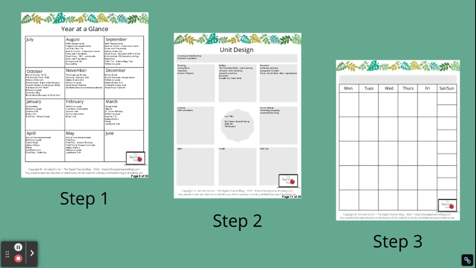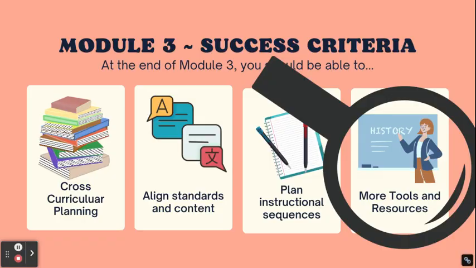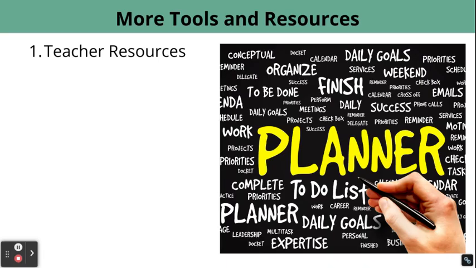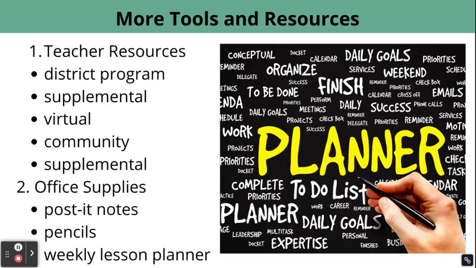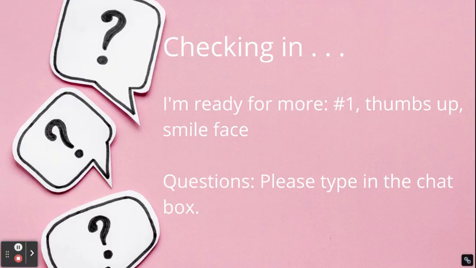You take the information from the interdisciplinary unit, and then you use your program, your teacher resources, and you start mapping out your 4 to 8 week, 6 weeks, right? Your 6-week calendar. And then from that point, you are ready to actually write your lesson plans. And that's where we are right now.